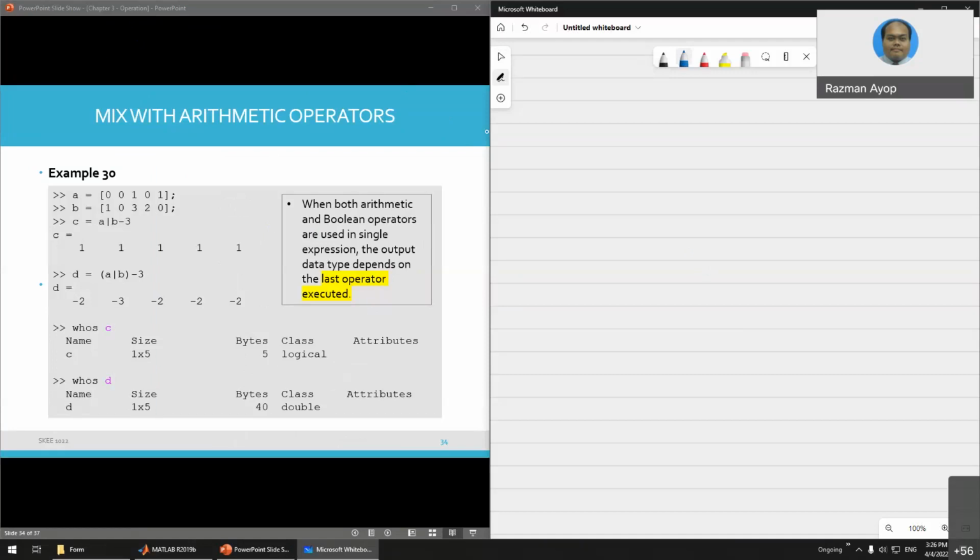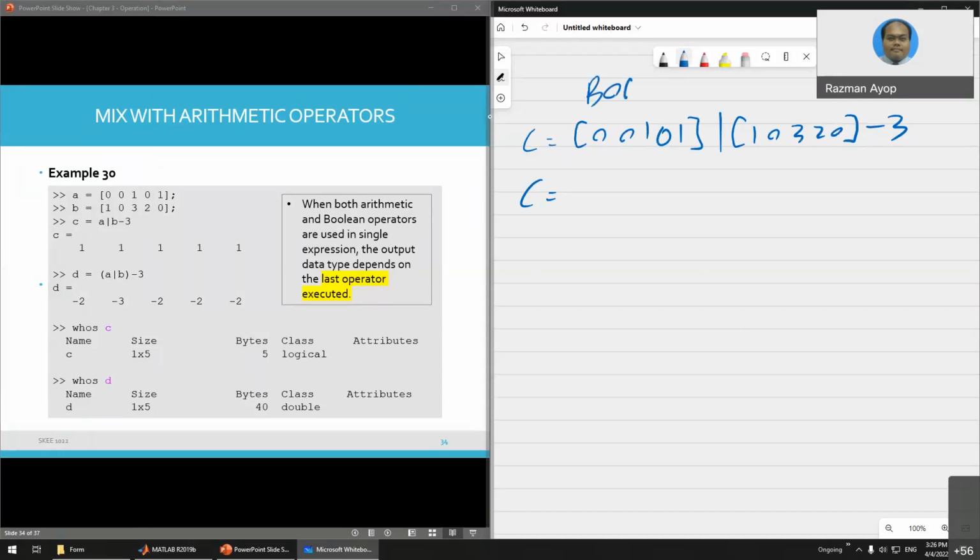So C is equals to 1, 0, 1, 1, 0, 3, 2, 0, minus 3. Of course remember BODMAS, okay?